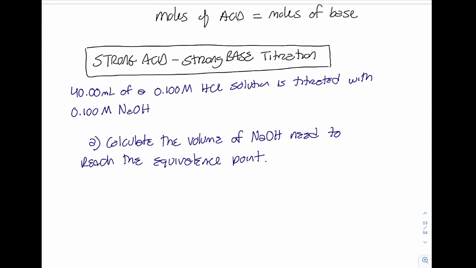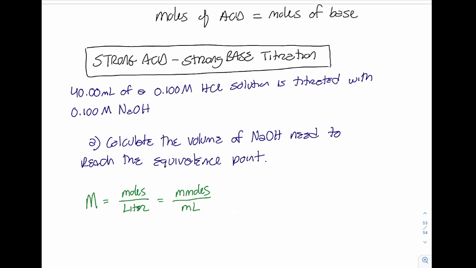If I look at molarity, capital M, that's equal to moles per liter. It's also equal to millimoles per milliliter. If I take 10 to the negative third on the top times moles, 10 to the negative third is milli, and then 10 to the negative third on the bottom times liters, that gets me milliliters.